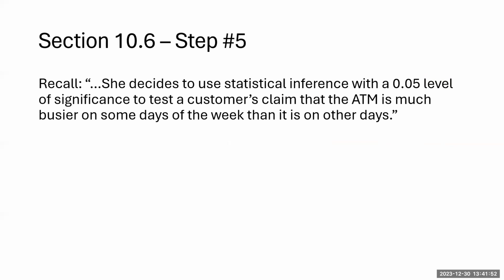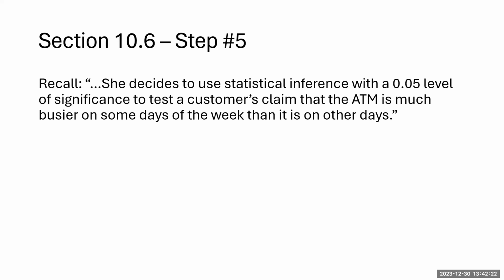Step 5 is to write the conclusion. I want to recall what the problem said: she decides to use statistical inference at the 0.05 level of significance to test a customer's claim that the ATM is much busier on some days of the week than it is on other days. We failed to reject the null, which means that all of those probabilities are equally likely, which means that the ATM is used about the same every day.